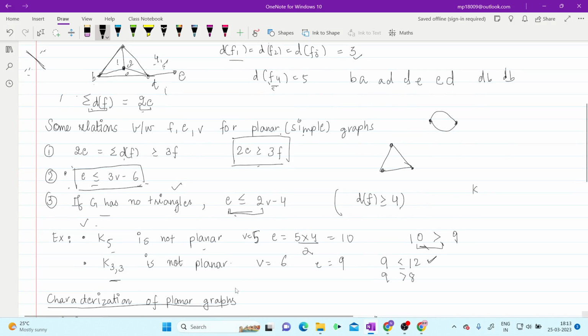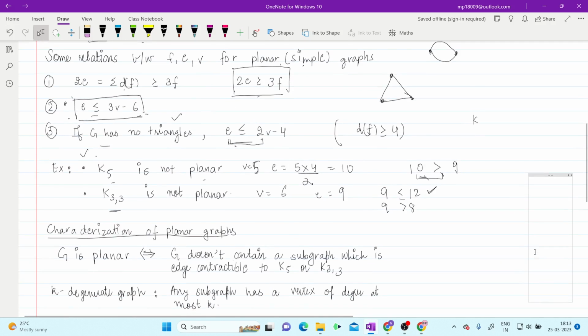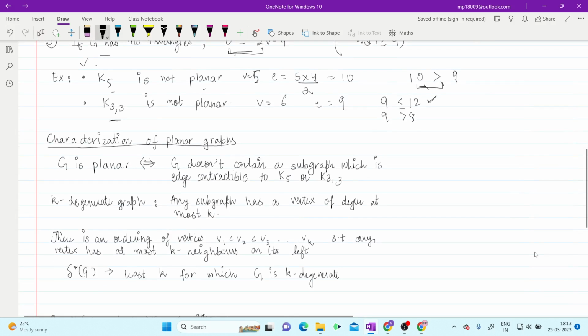So we see that K5 and K33 are two examples of non-planar graphs. But the interesting thing is that using this we also have a nice characterization of planar graphs. We know that K5 and K33 are not planar, but we can say something more: G is planar if and only if it does not contain a subgraph which is edge contractible to K5 or K33.